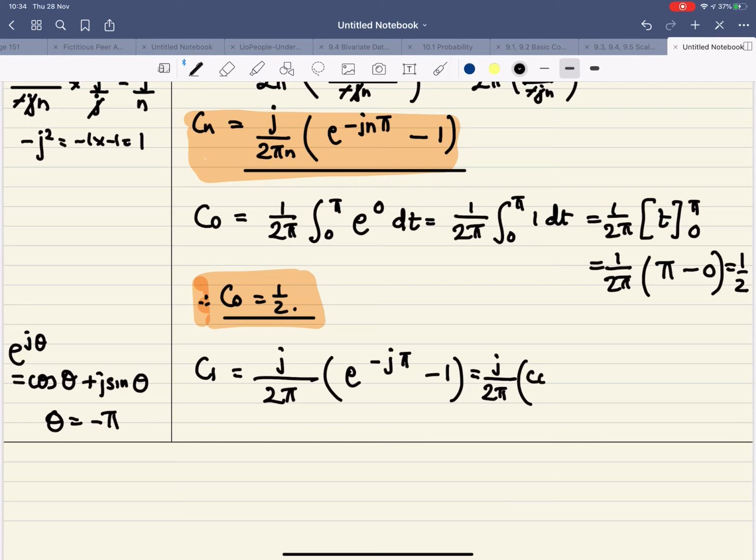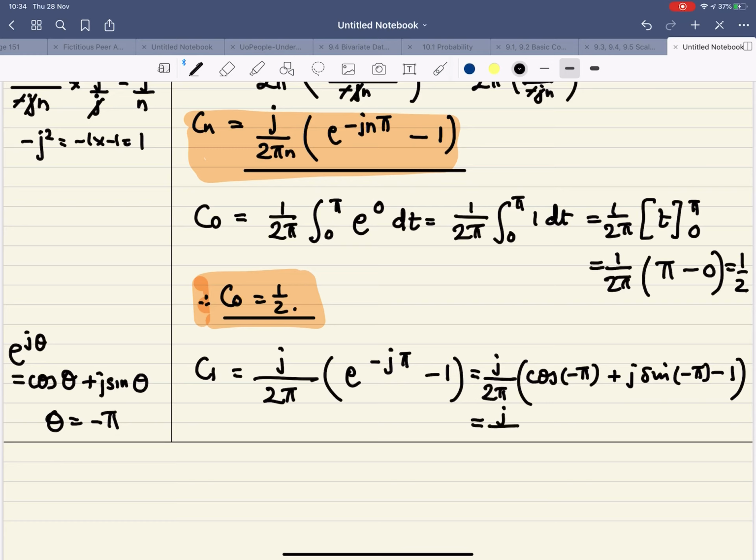Okay, so it's cos of minus pi plus j sine of minus pi. Cos of minus pi is minus 1. I haven't quite finished, I shouldn't have done that. So what I did there, e to the minus pi j is here and here, and we've also got to put in that minus 1.